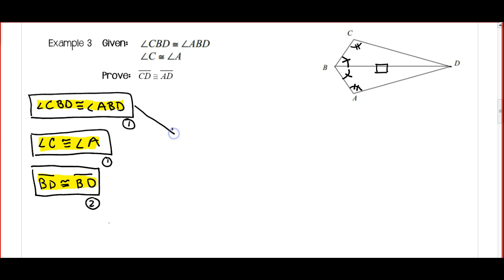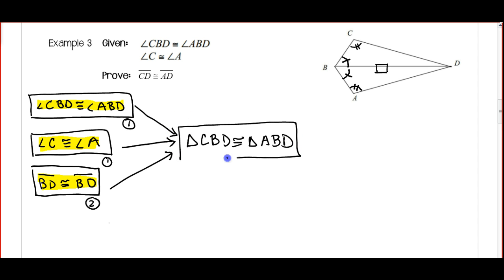So these 3 are going to come together to make triangle CBD congruent to triangle ABD. Again, make sure you name those triangles in the corresponding order. Alright, this will be reason 3.